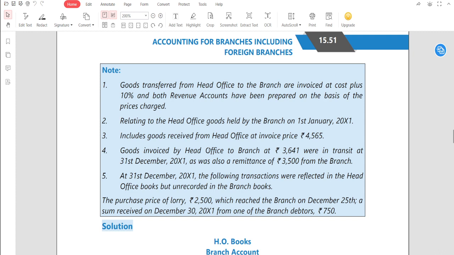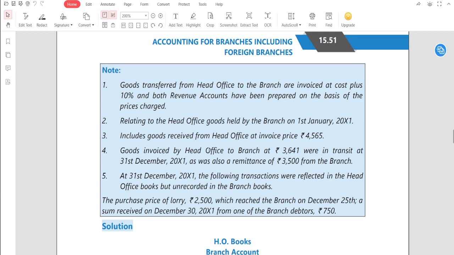As at 31st December 20X1, the following transactions were reflected in the HO books but unrecorded in the branch books. So there is 2500 amount which is yet to be recorded in the branch books and there is 750 amount received from the branch debtor which is yet to be recorded in the branch books. Okay, so 750 needs to be recorded in the branch books, 2500 also to be recorded in the branch books.